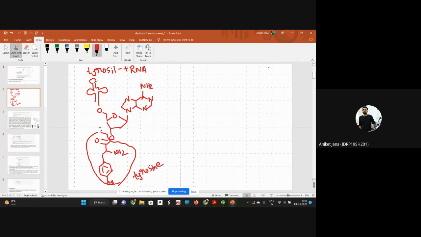And from there we get the name tyrosyl tRNA. It means tyrosine is joined to this sugar moiety through this ester group, and in our puromycin molecule, everything is identical. I am not drawing the whole thing, just the changing part.